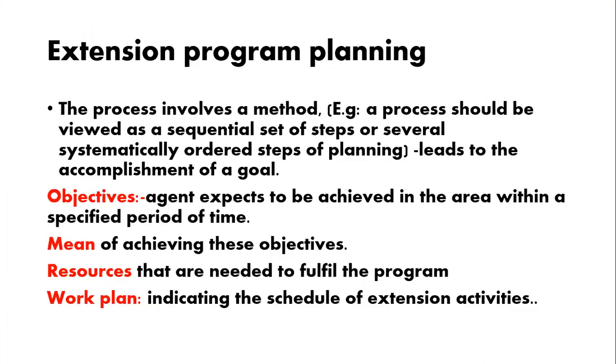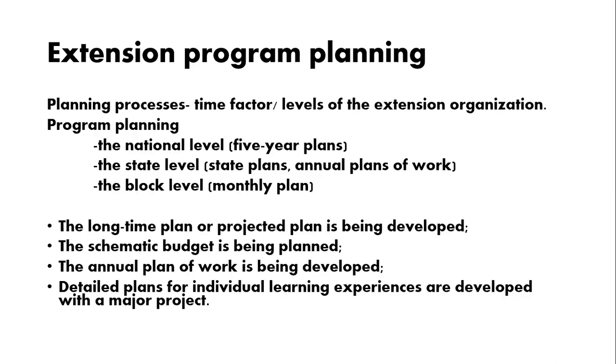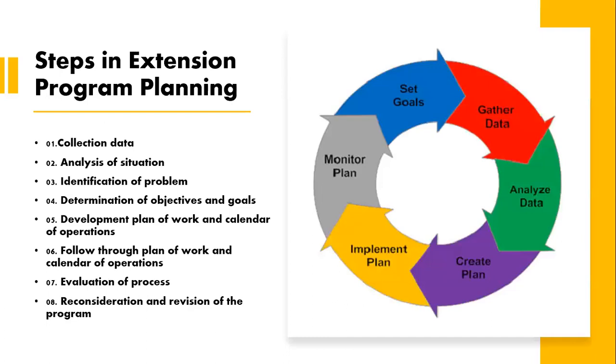This is how the process is included, and there are four main semantic areas: objectives, resources, and work plan. The planning process depends on the time factor and the level of the organization: national level, state level, and block level.